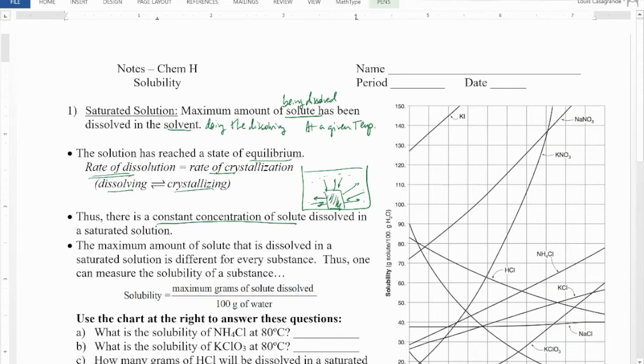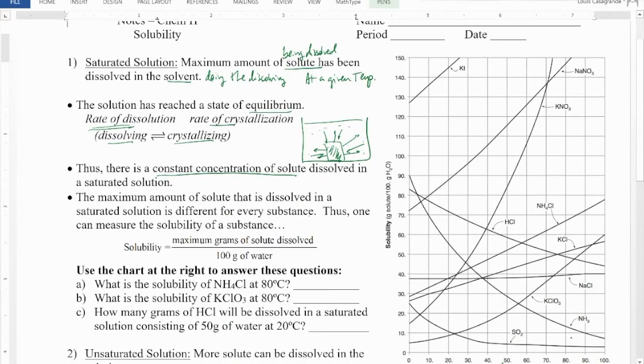And when we look at that concentration as a function of temperature, we get the curves that you see to the right, where each curve is a saturated solution for a different substance, and all different substances have different saturated solutions. And the way we measure the saturation, or the way we measure solubility, is by measuring the maximum number of grams of solute that are being dissolved, that particular solute, in 100 grams of water.